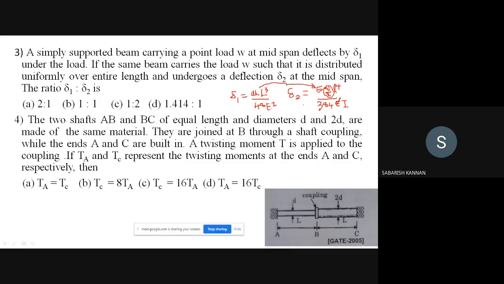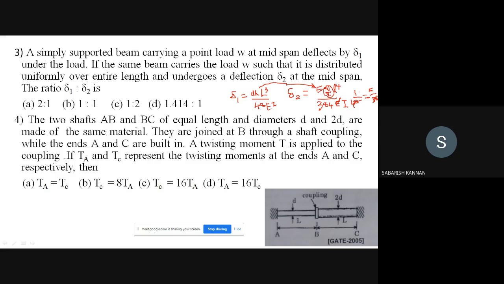Right. So here 48 and 384. It becomes 1 divided by 48 equal to 5 divided by 384. Now cancel 48 here, 48 and 384.